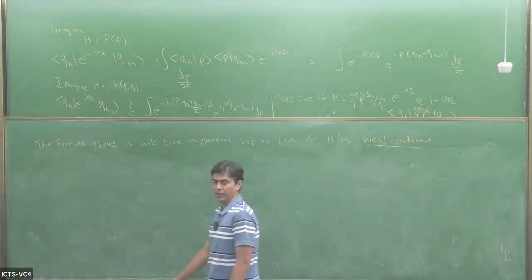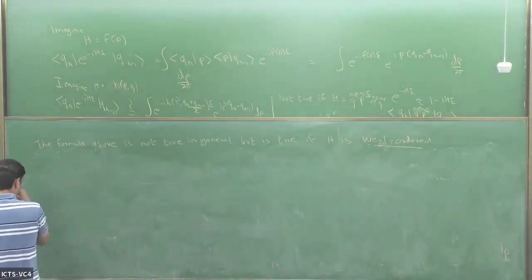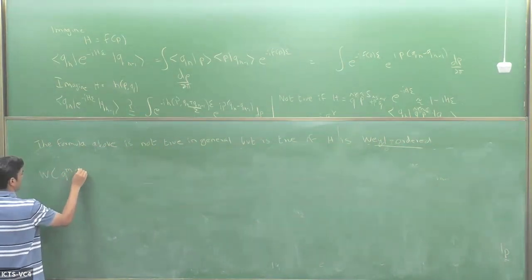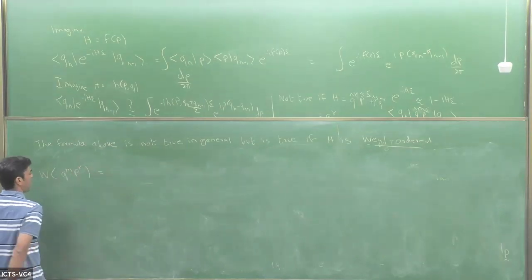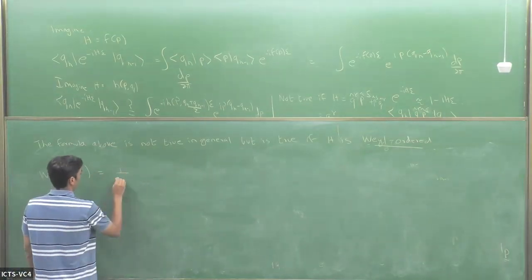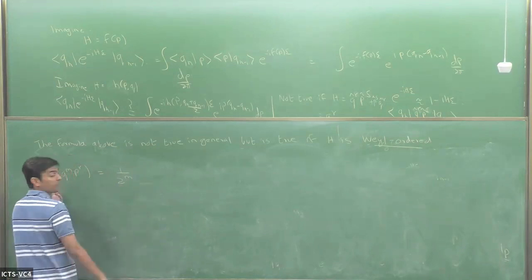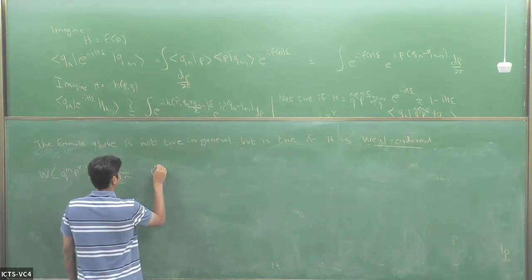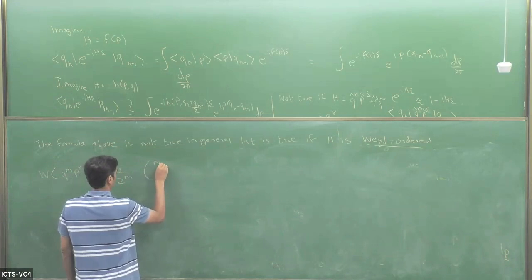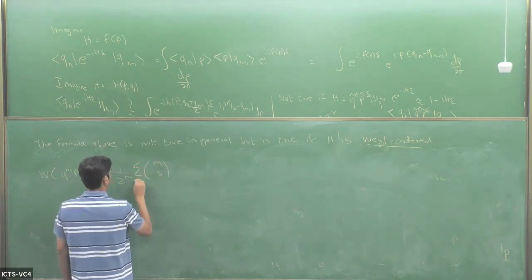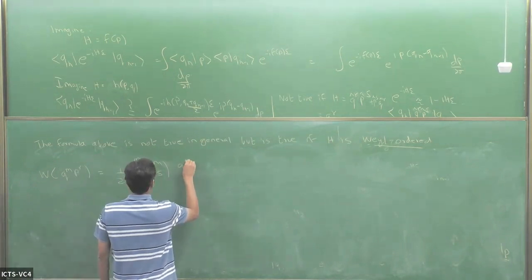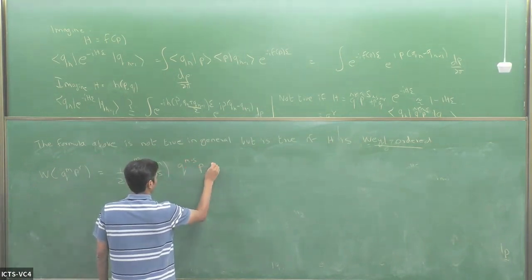What does Weyl ordered mean? Weyl ordering of something like this, q to the m, p to the r, this looks like 1 by 2 to the m, times the sum over s from 0 to m of q to the m minus s, p to the r, q to the s. This is the definition of Weyl ordering.